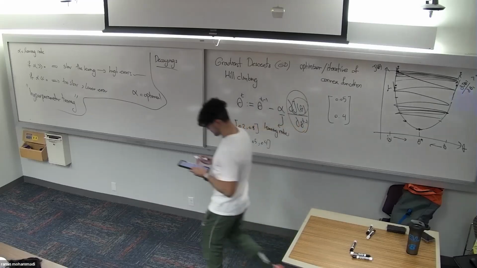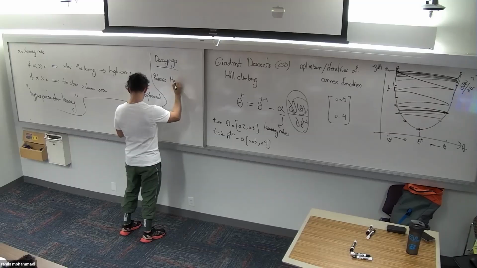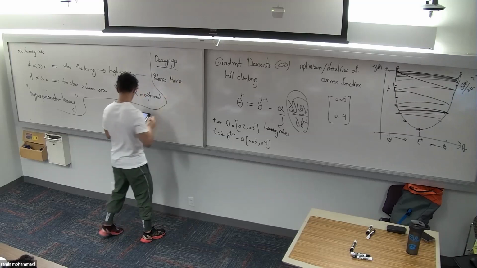Now, there are a couple of formulas for that. One of them is Robbins-Monro: alpha at time t equals sigma over t plus tau.